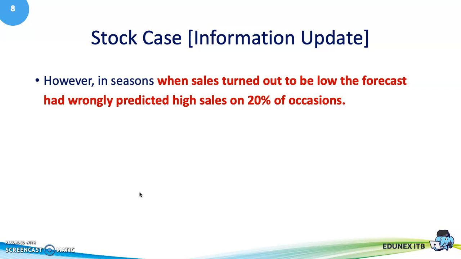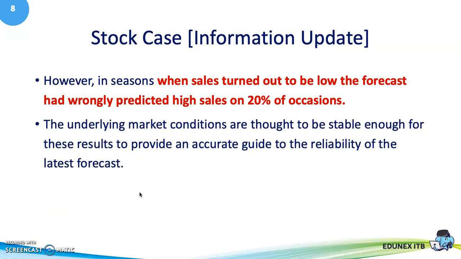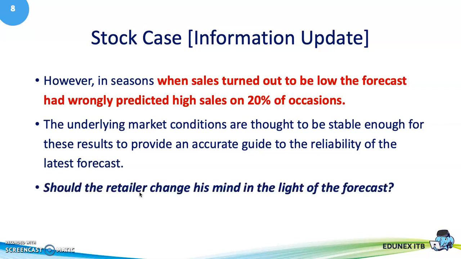However, in the season when the sales turned out to be low, the forecast had wrongly predicted high sales on 20% of occasions. So the underlying market conditions are thought to be stable enough for this result to provide an accurate guide to the reliability of the latest forecast. Should the retailer change his mind in the light of the forecast?